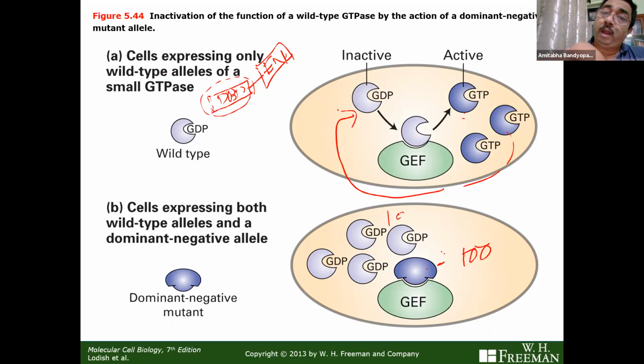Or you can promote the activity of your specific transcription factor by putting in a very strong activation domain. Generally what is used here is a GAL4 activation domain, which is very, very strong.